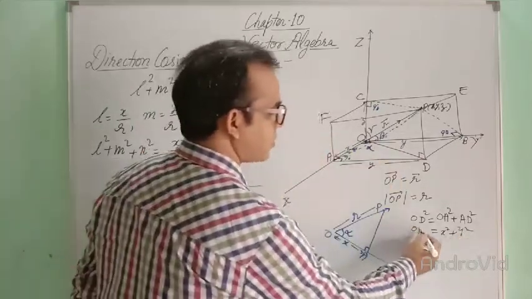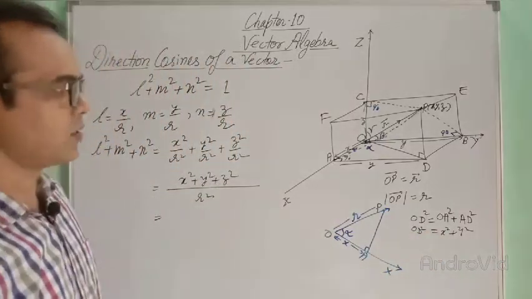So we will have OD square equal to X square plus Y square.